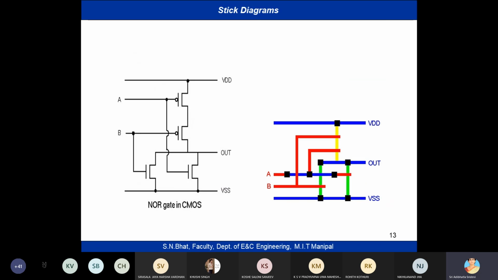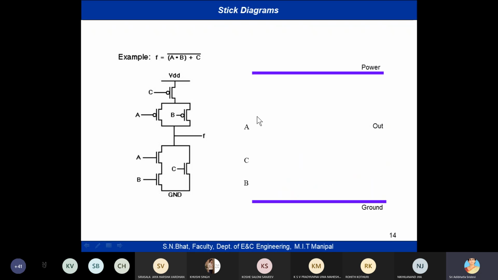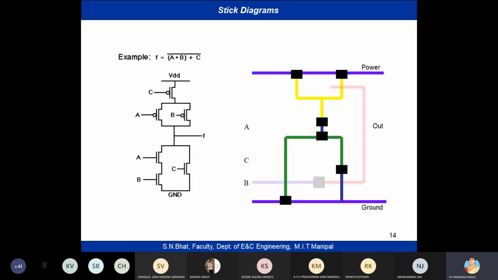So far, we are drawing the P diffusion and N diffusion vertical and polysilicon horizontal, because this is the general way we draw the circuit. Similarly, you see A plus B plus C, A into B plus C. See this circuit.